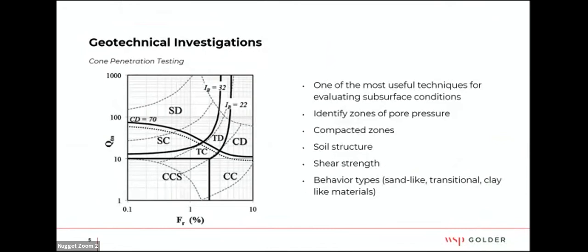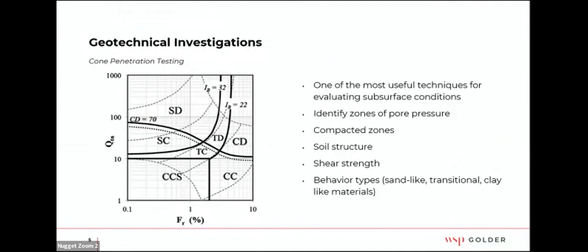As I said, CPT testing can be a very useful technique. It doesn't work very well in ROM. I believe somebody has a paper using CPT in ROM, so that would be interesting to see. But usually it's used in crush leach facilities. It can give you pore pressure conditions and zones of compaction.